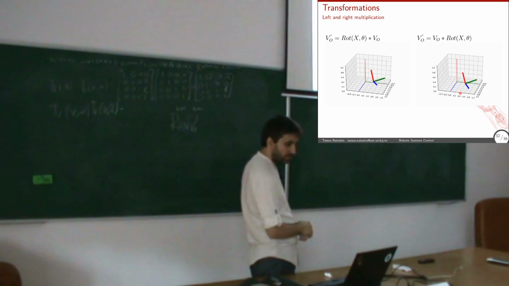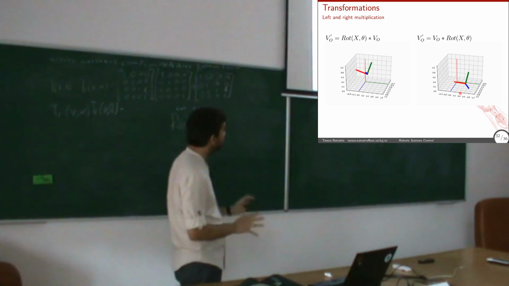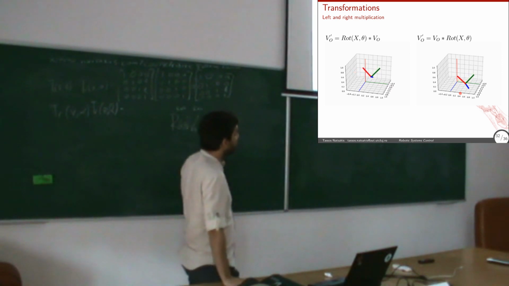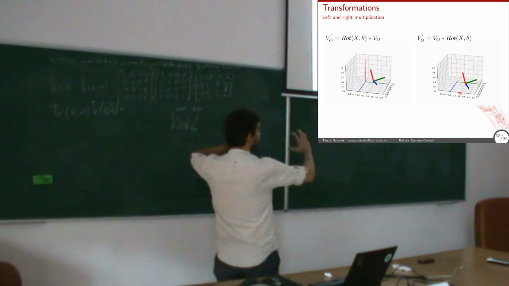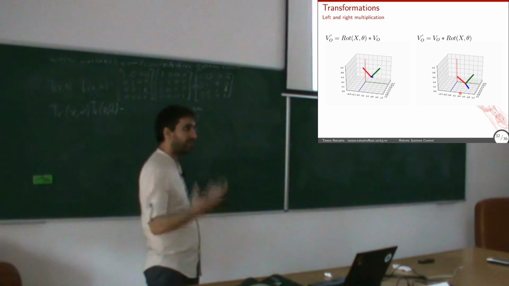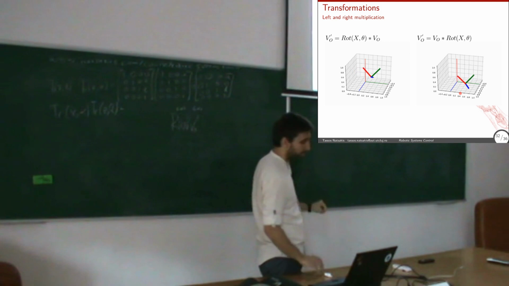Okay, see them next to each other. Multiplication from the left, the same transformation matrix, rotation on x by theta. And multiplication from the right. They both have a meaning, but it's a different thing that happens to the coordinate frame.